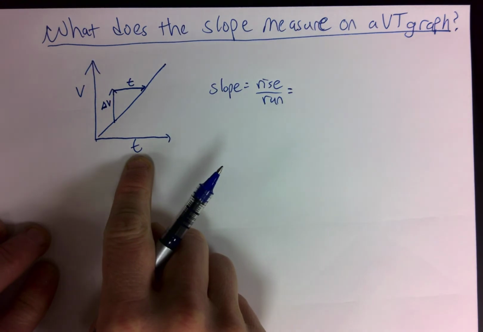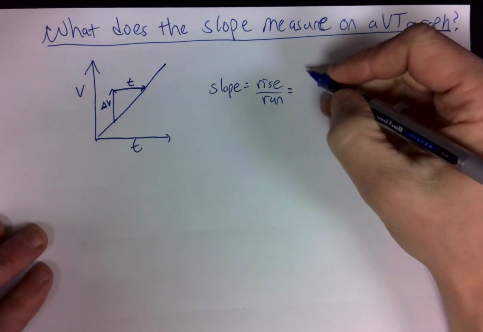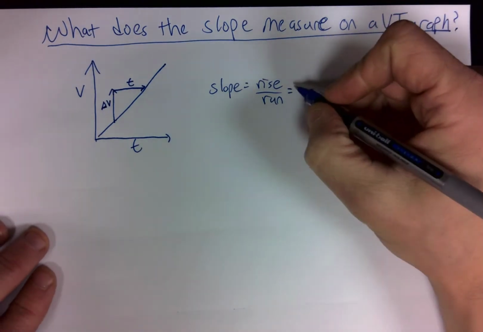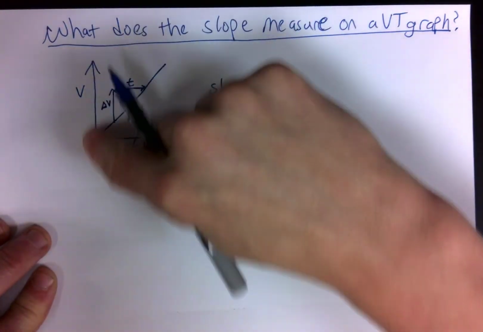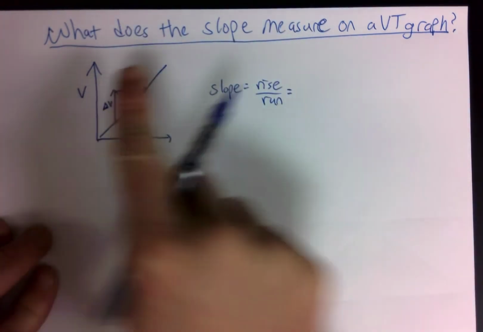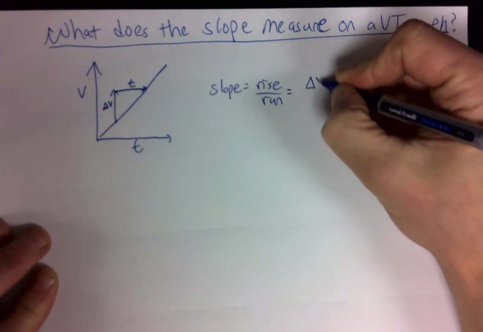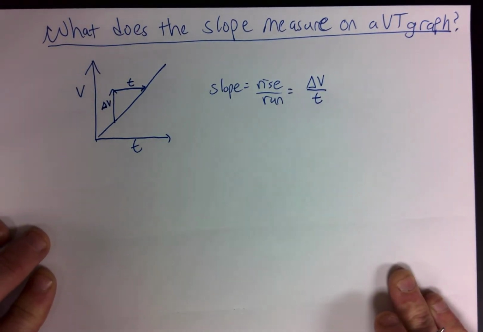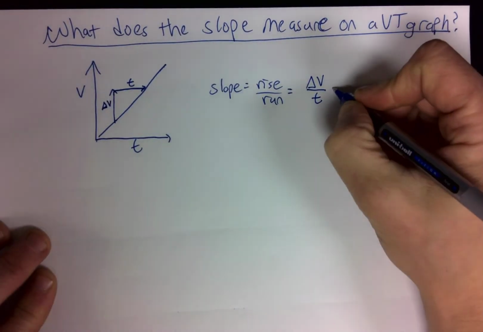It's going to be time. So it used to be where the rise on a distance time graph was distance. But now the rise is the change in velocity. How much does your velocity go up? But the run is still the time, just like a distance time graph.